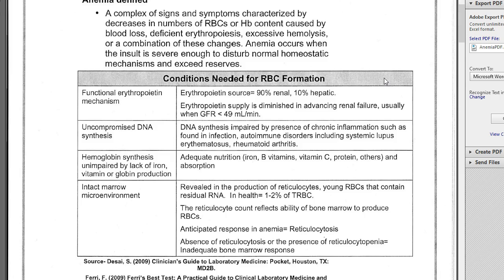There's some things that are mentioned here. You need to know about the different components that make up the red blood cells, obviously. But you need a functional erythropoietin mechanism. The majority of erythropoietin source, it says 90% renal and 10% hepatic.